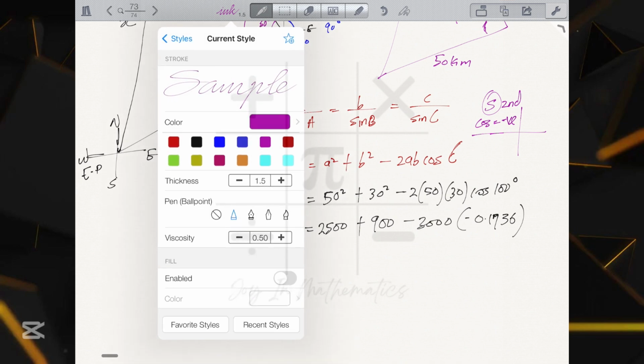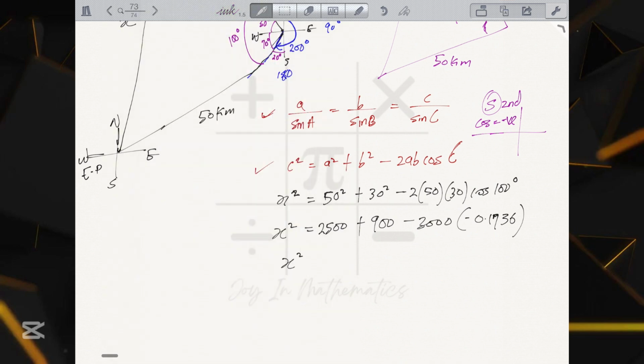So moving on, this gives us x squared is equal to 2,500 plus 900, which is 3,400, and 3,000 multiplied by minus 0.1736 gives us plus 520.8. Then we add it to 3,400.